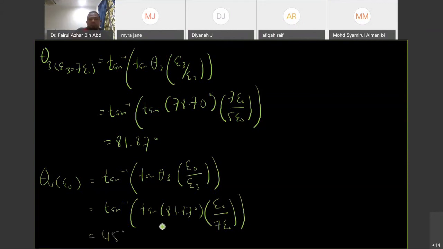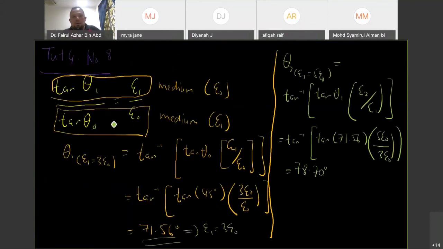Basically, this question starts with some derivation: how to derive the ratio between the angle in one layer and another. From that derivation we get this ratio, and from this ratio we can work out the angle at any medium that the question asks.